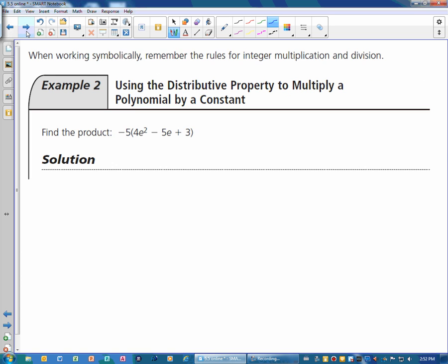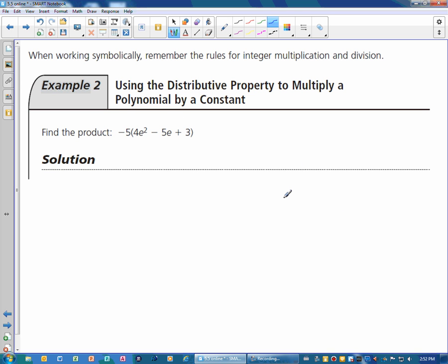All right, so what if we're not going to use algebra tiles? What if we are going to work symbolically, okay? So example number 2 is using the distributive property to multiply a polynomial by a constant. Okay, so we're not using algebra tiles, we're just going to do the math.